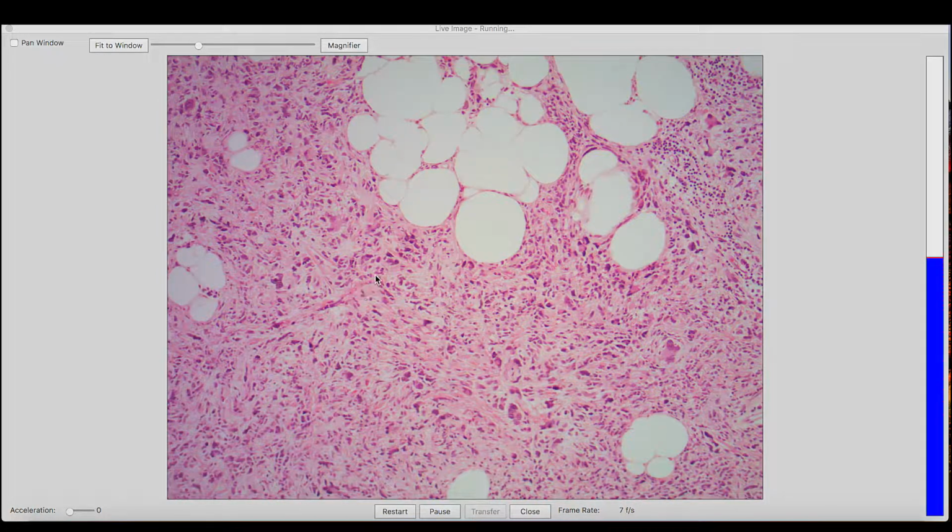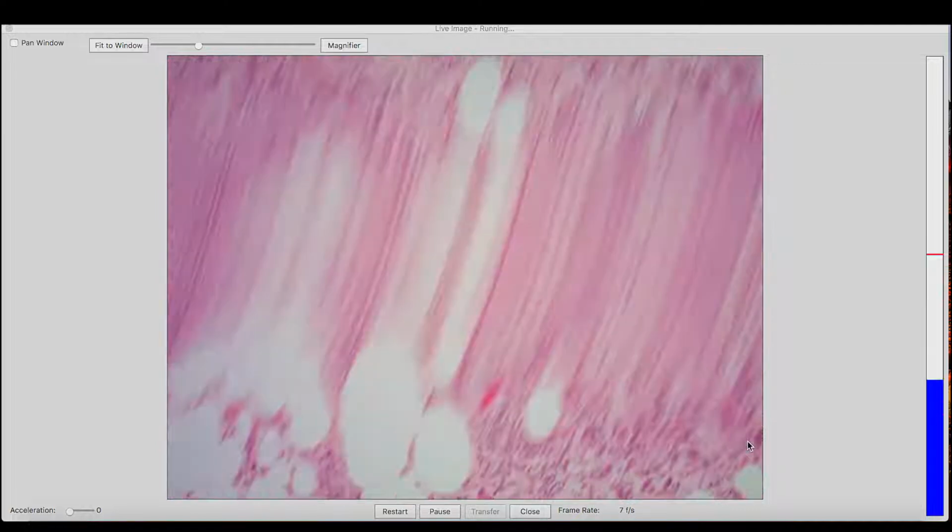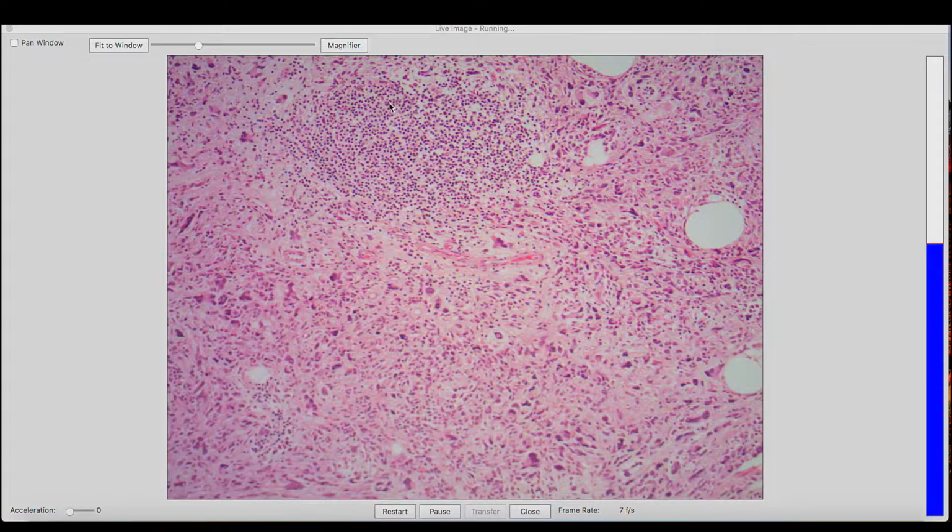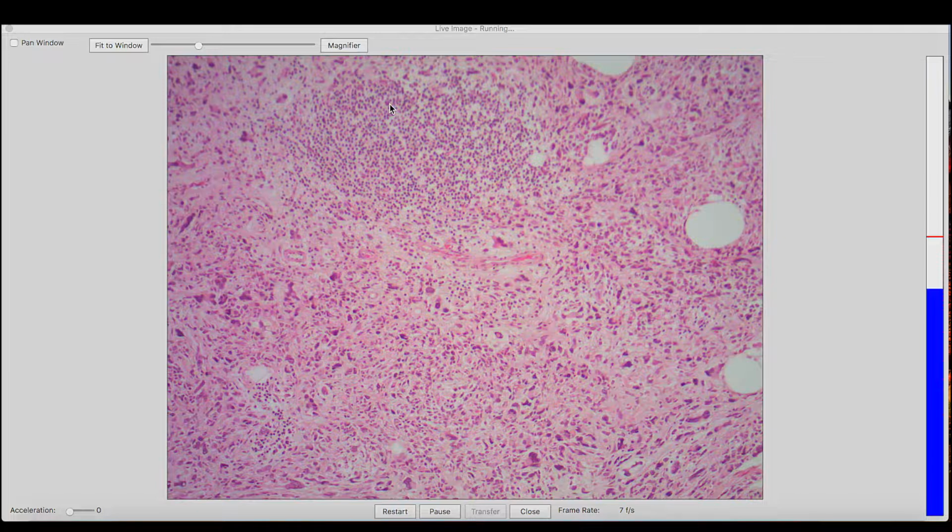Most of these cells are spindled cells, but you can certainly see some enlarged hyperchromatic nuclei as you move around. I'll move the slide around a little bit. There's a little bit of inflammation in this case, which is not particularly typical of this lesion. And here again, you can see some enlarged hyperchromatic nuclei, some of which almost look binucleated or multinucleated.